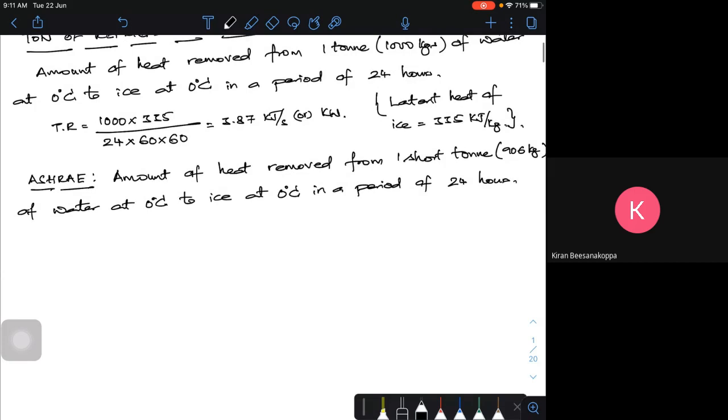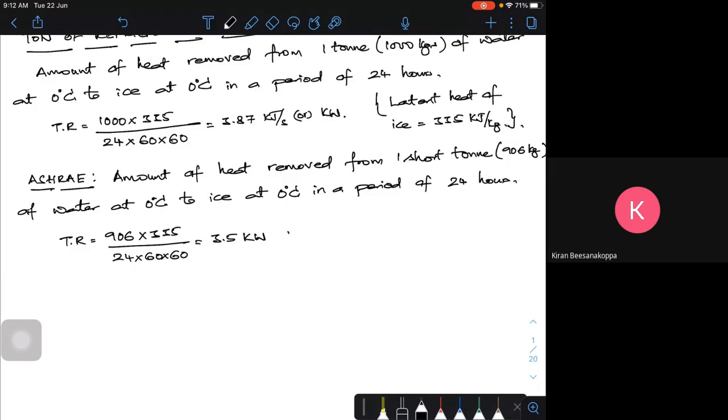Now let us try to write it. Mathematically, 1 TR is equal to 906 into 335, that is the latent heat, divided by 24 into 60 into 60. If I do that, I am getting around 3.5 kilojoules per second or kilowatts.